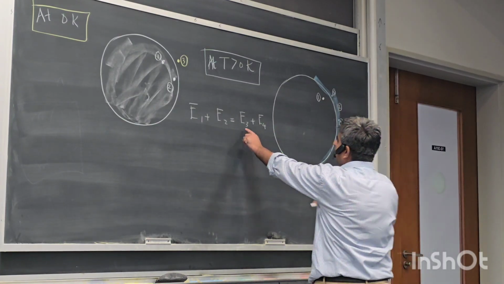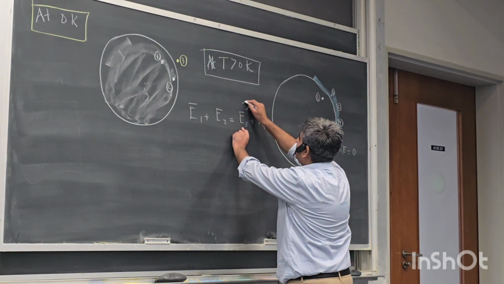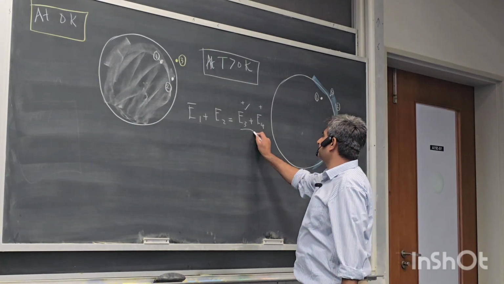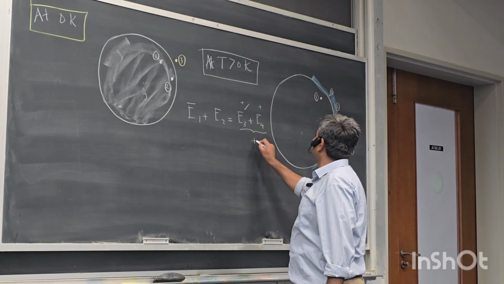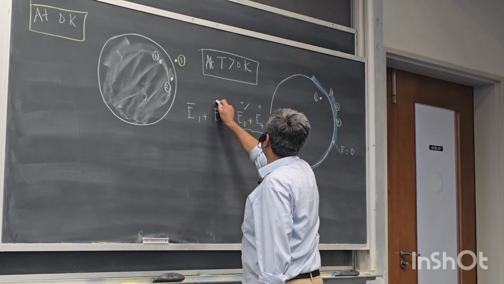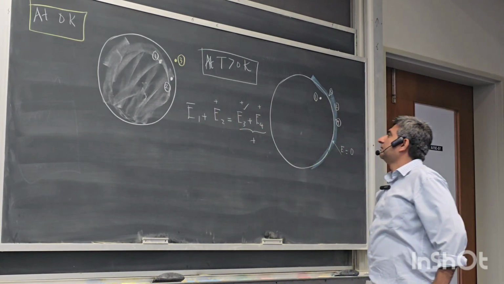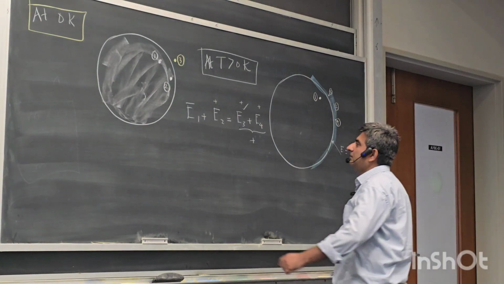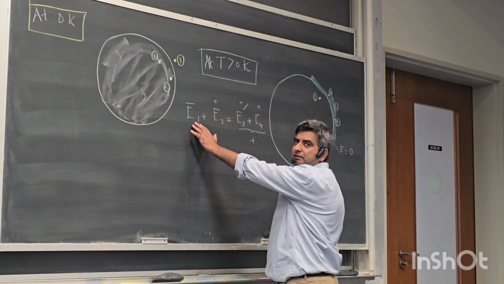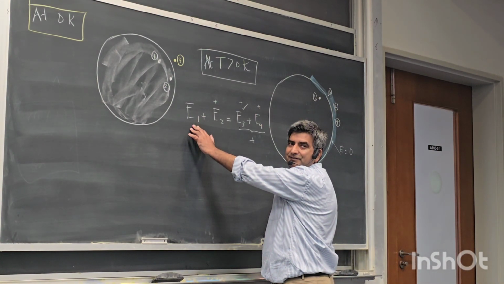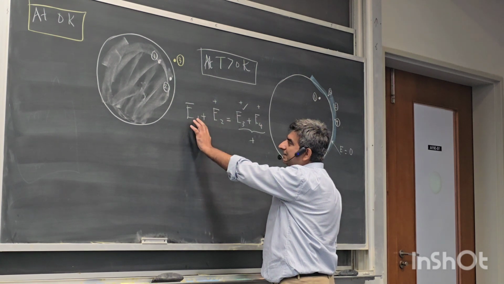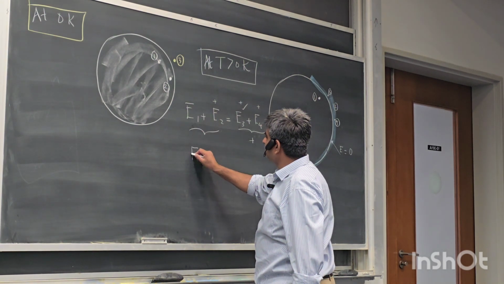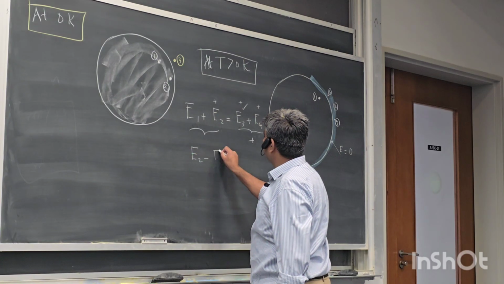Now E3 and E4 are positive, and the sum is of course positive. E2 is positive. Now E1 is negative. So this really turns out to be E2 minus E1.